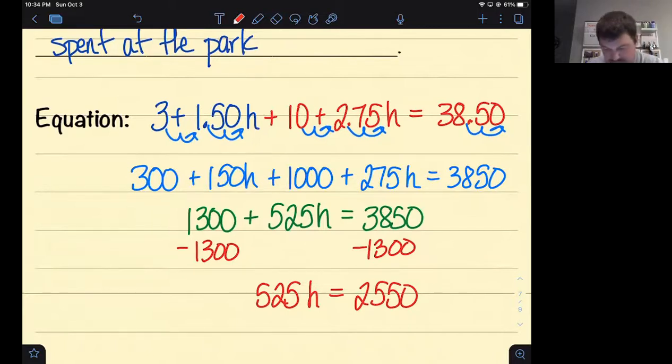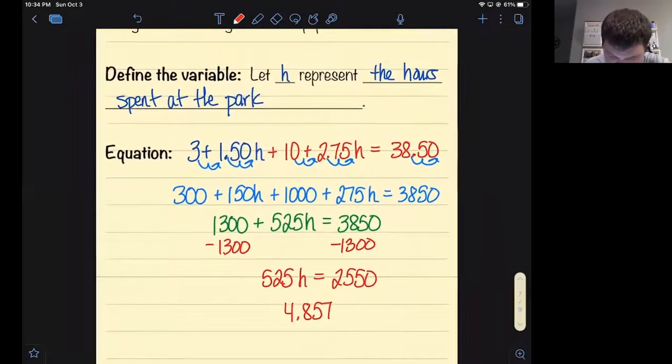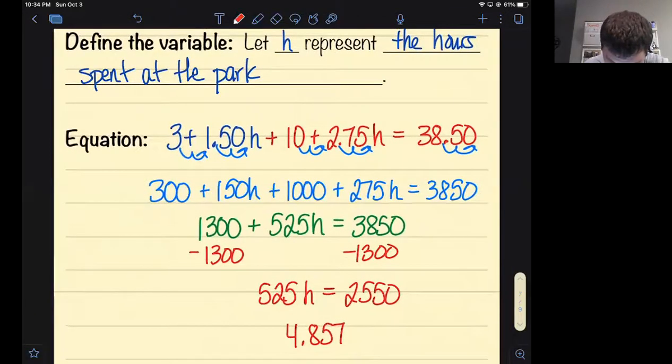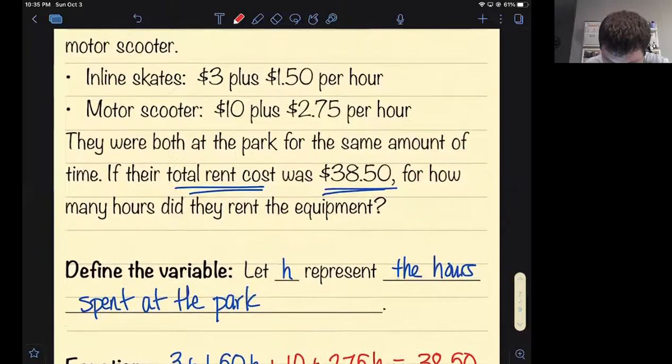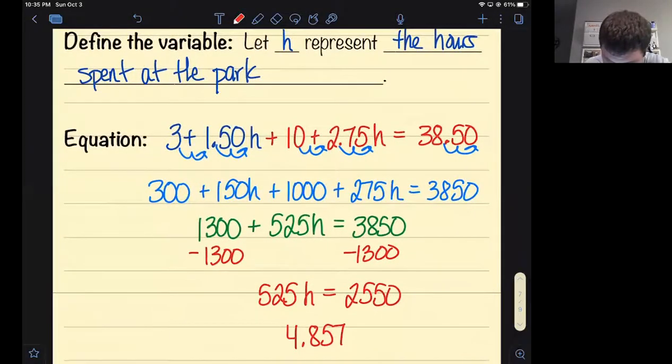That's what I'm getting. Interesting. Okay, wait a second. That's not the same answer I just got. $4.857. I'm going to double check that because that does not seem like it would be right. Did I move this over twice on each one? $3 plus 150, $10 plus 275.